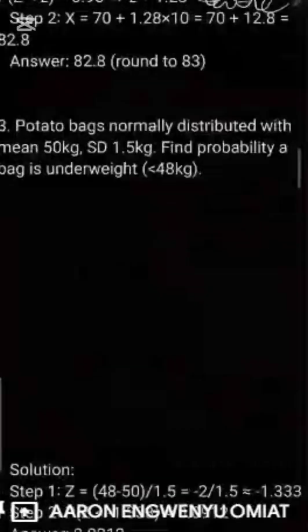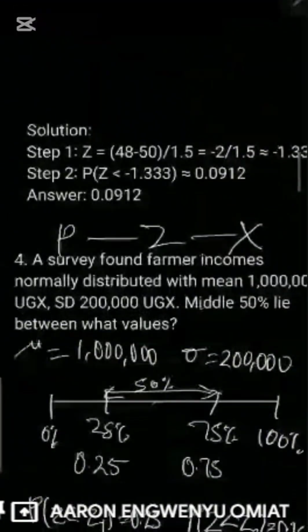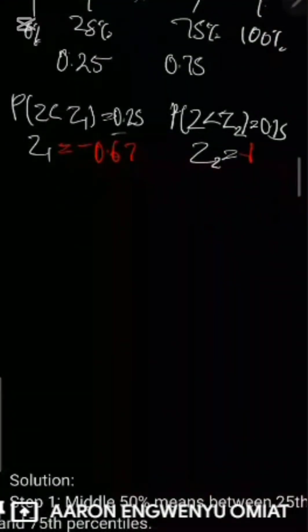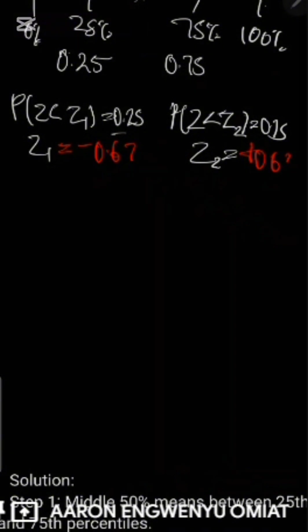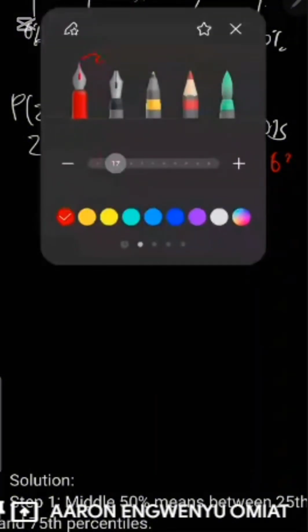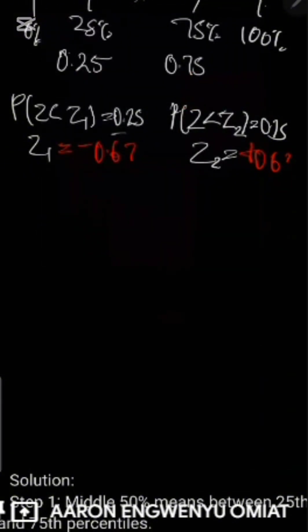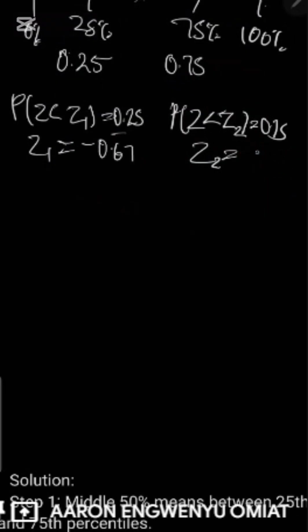So this one is positive 0.67. Z1 corresponds to negative 0.67, and Z2 corresponds to positive 0.67.